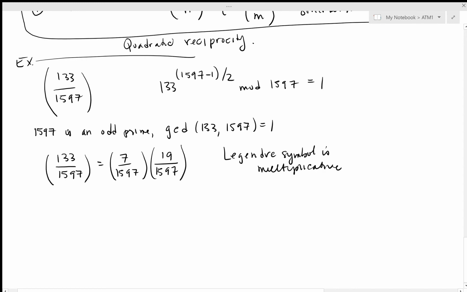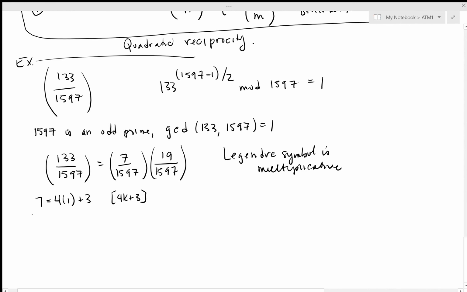Okay. Then I'm going to take a look at 7 and 19. What kind of primes are those? Because I'm thinking I'm going to be using the quadratic reciprocity. So I notice that 7 is equal to 4 times 1 plus 3. And so that is of the 4k plus 3 flavor.